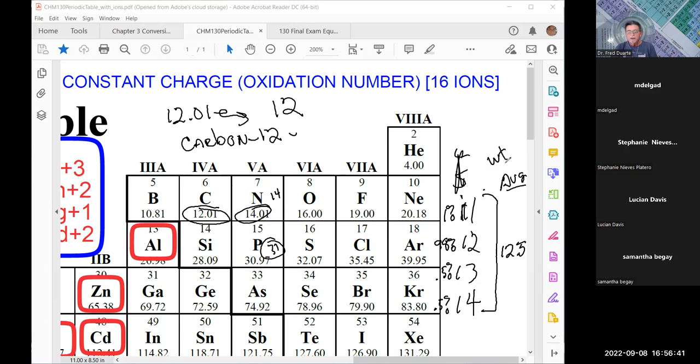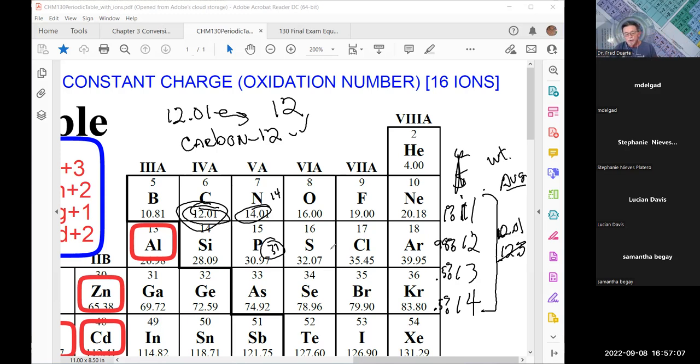A weighted average now no longer is 12.5, but guess what? It is 12.01. Okay, just like the atomic weight for carbon. And that is because carbon 12, which is the most common isotope, there's about 98% of it in the environment, so it has more contribution.